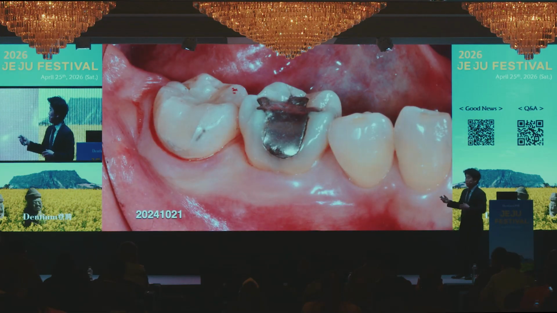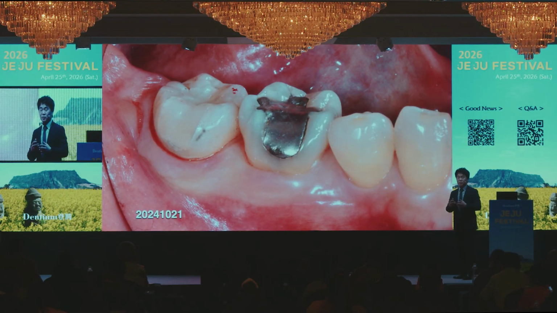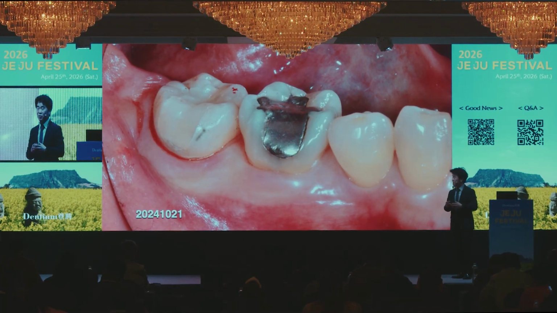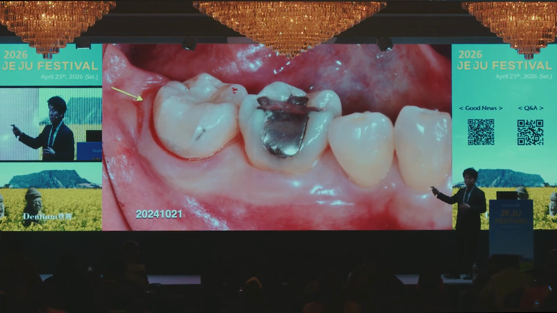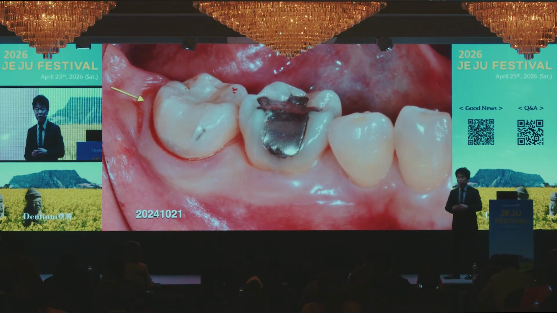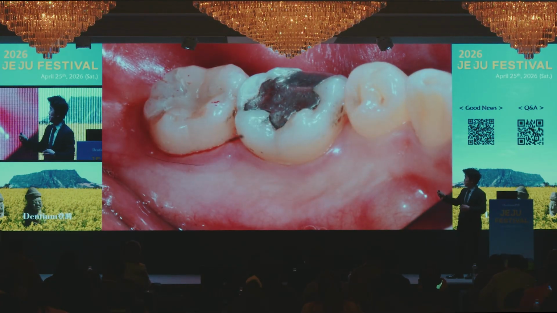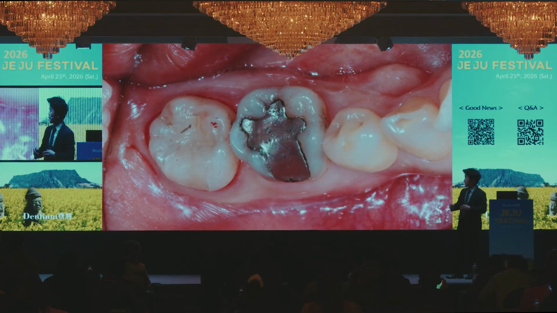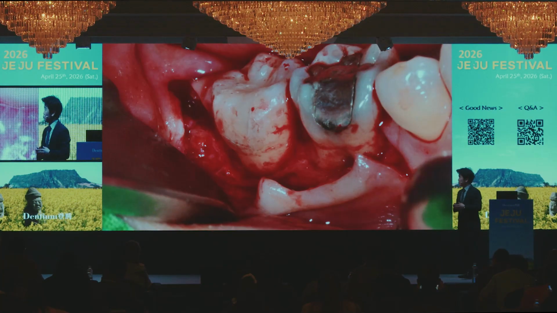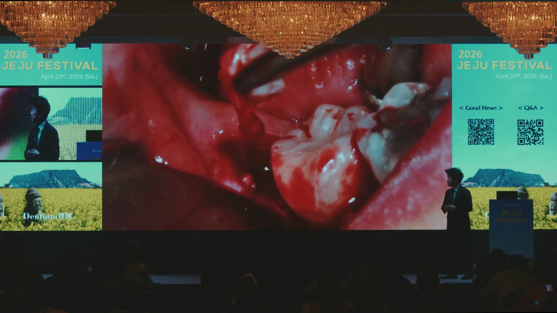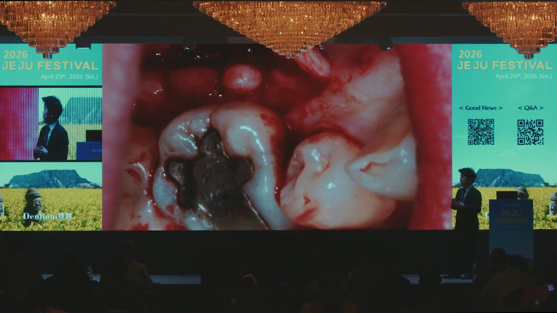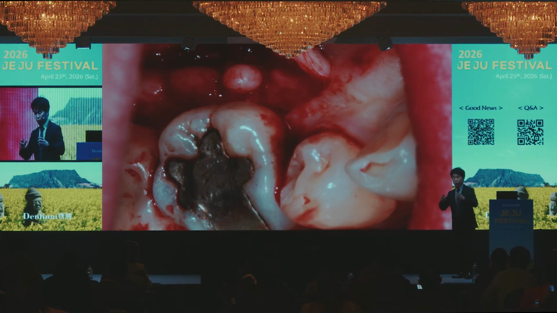And then I would like to talk about positive architecture. When we do the distal wedge procedure, such as this, we make the incision line and remove the distal granulation tissue, such as this. And then we have to check the bone architecture.